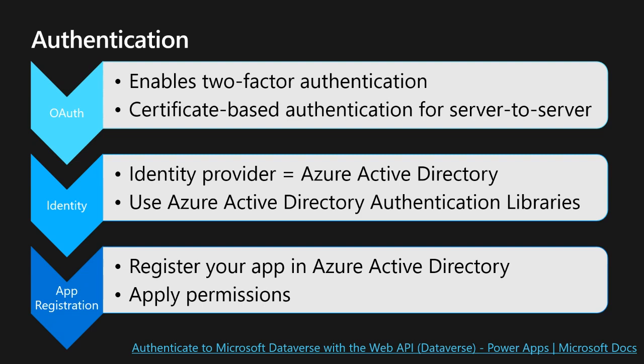If your app will be a client which allows the authenticated user to perform operations, you must also configure the application to have the Access Dynamics 365 as organization user's delegated permission. For more information about this and step-by-step instructions, I encourage you to use the link on this slide, which will be available with the recording on the Tech Talk Dynamics community page, to learn a little bit more about how that authentication and app registration works.